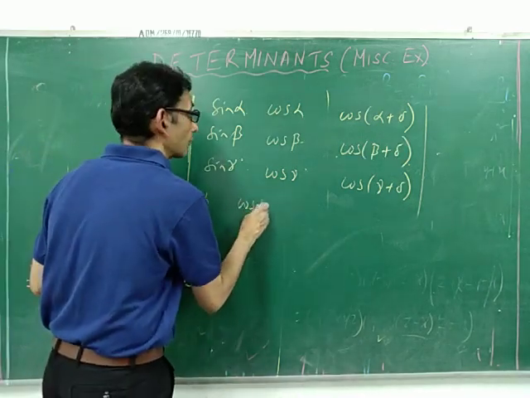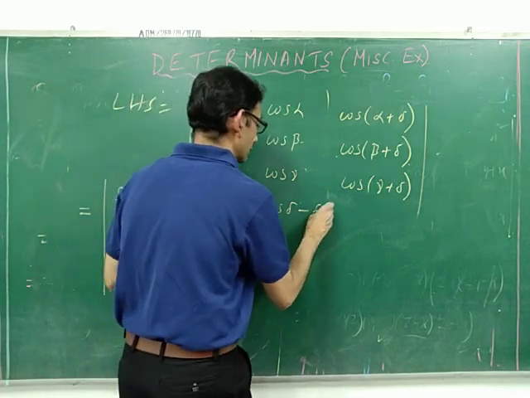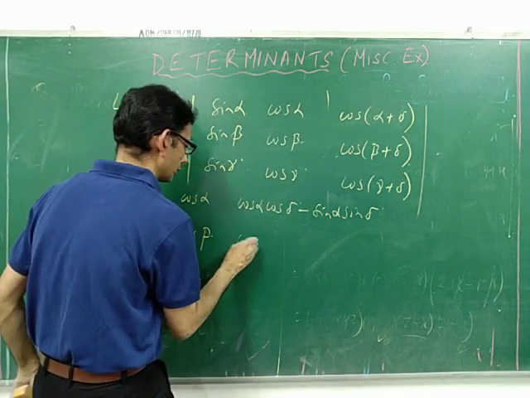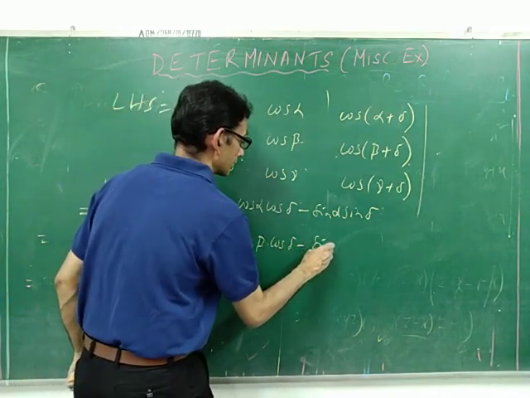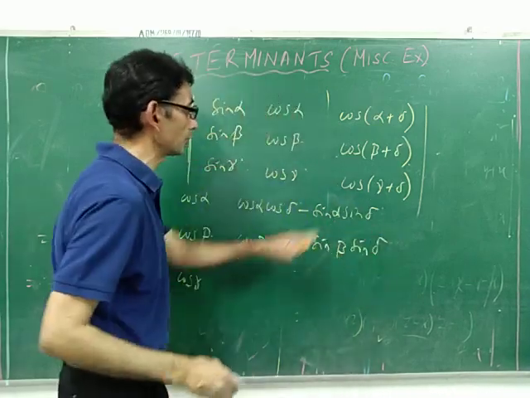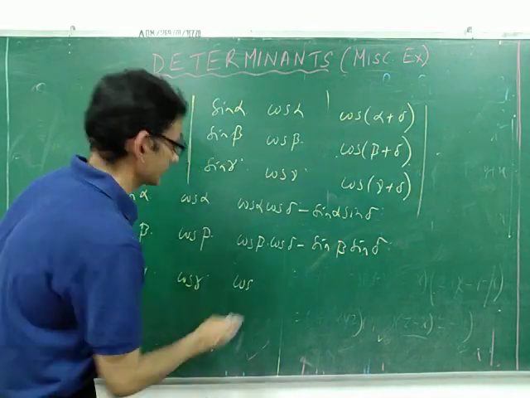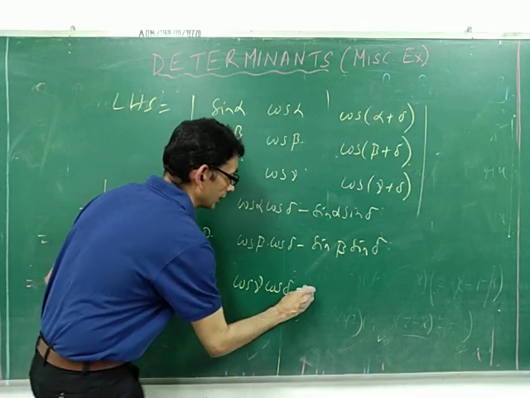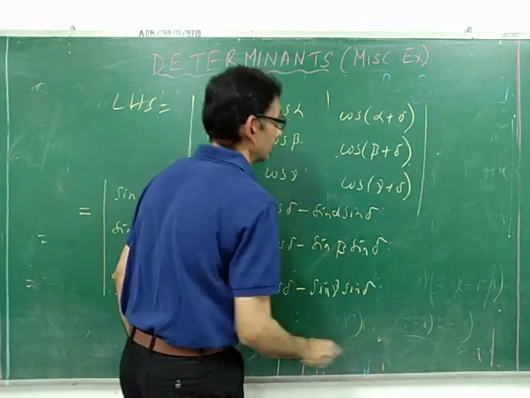It will be cos alpha cos delta minus sin alpha sin delta, cos beta cos delta minus sin beta sin delta. Similarly, for cos gamma plus delta, cos A cos B minus sin A sin B: cos gamma cos delta minus sin gamma sin delta.